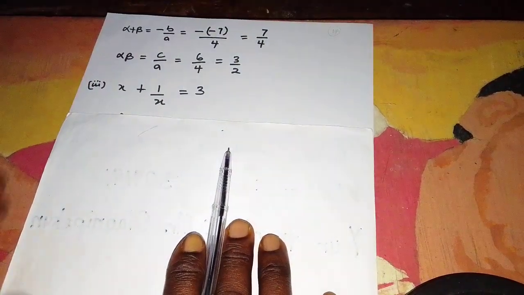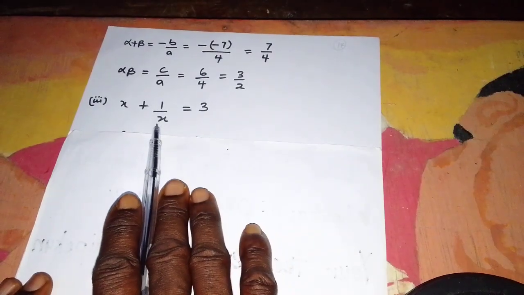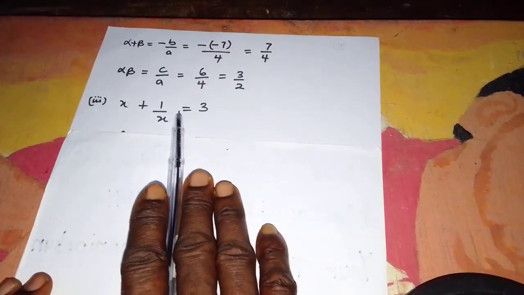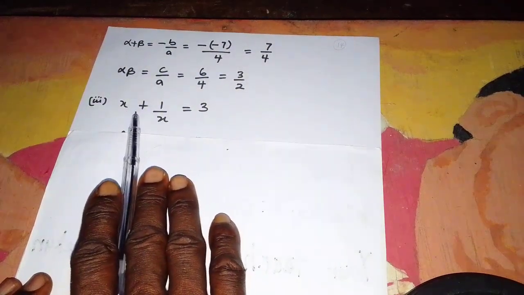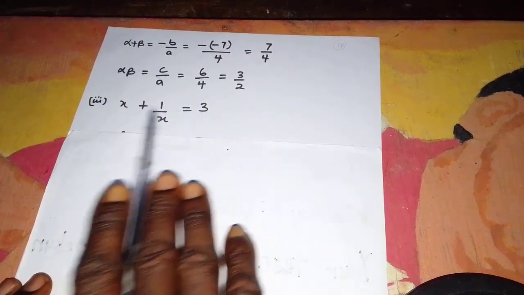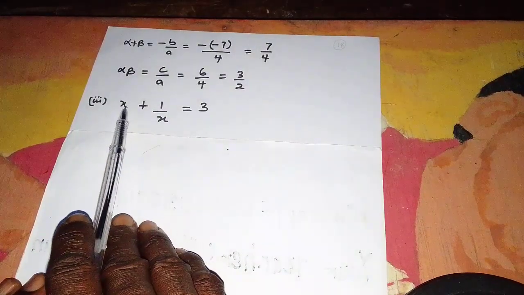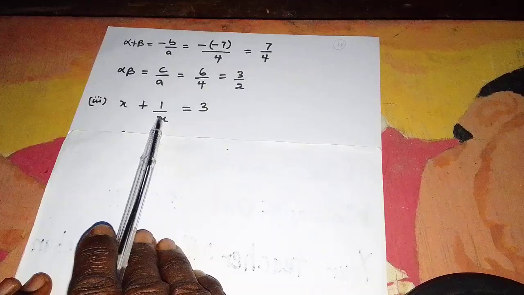Now let's do another example. If you have x plus 1 over x equals 3, you are told to write the sum and the product of the roots of this quadratic equation. Actually, for you to be able to express this, first of all, you realize that this is x plus 1 over x.